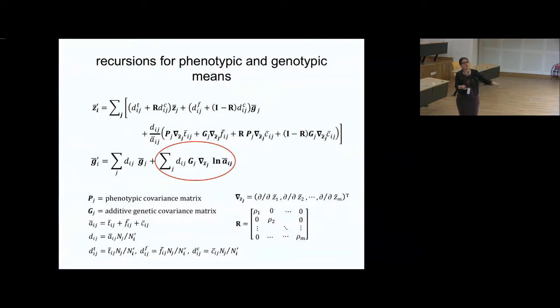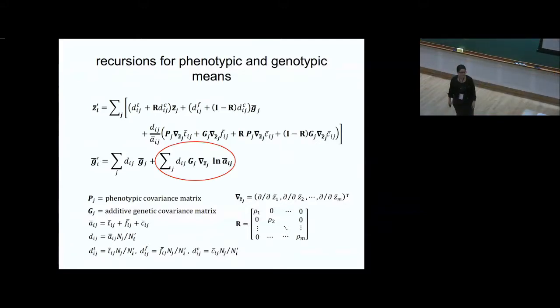If this was a single trait, this is the additive genetic covariance or variance, and this is d log of A over dz. So it's how the log of those entries depend on the phenotype. So we have a non-selective and a selective bit.